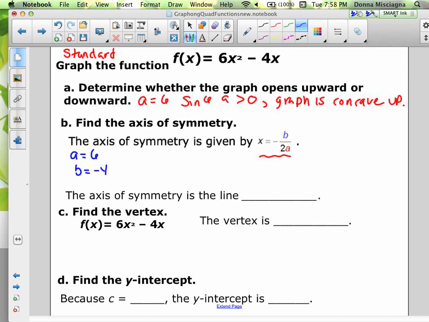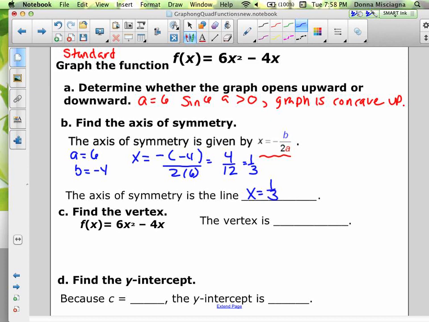So our axis of symmetry is going to be x equals negative 4 divided by 2 times 6. So that's going to be a positive 4, and 2 times 6 is 12. So our axis of symmetry is 1/3.